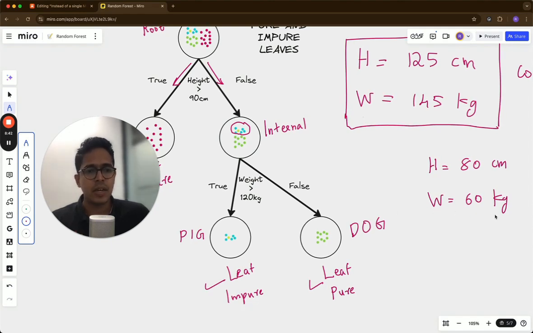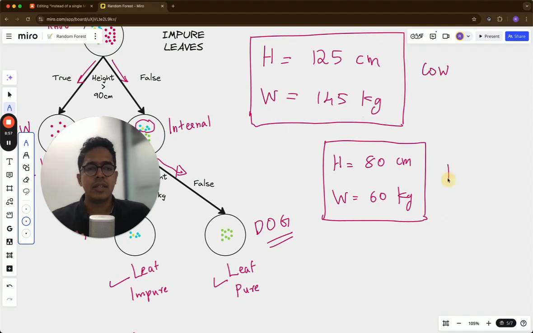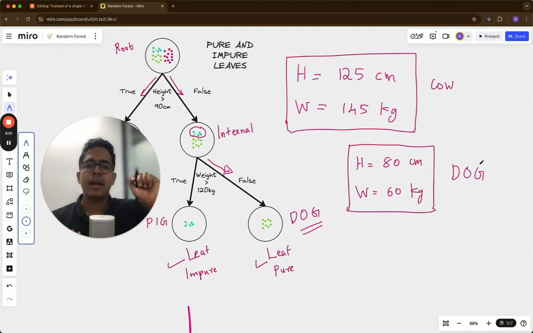Is weight greater than 120 kilogram? No, that is also not true. So you traverse the false branch again and you reach this node, and this node's prediction is dog. So this data point, which was not present in our original training data, will be predicted as a dog. So this is the idea behind how a decision tree can do a classification.